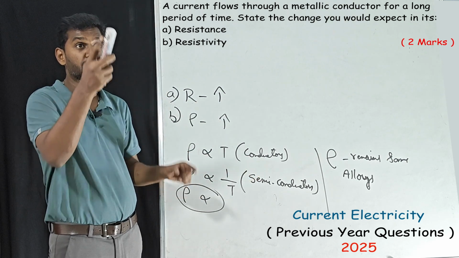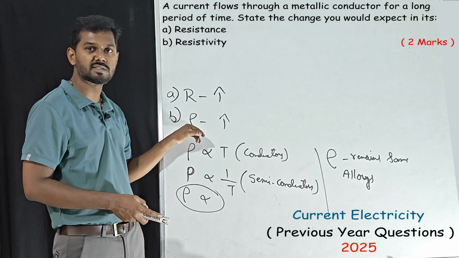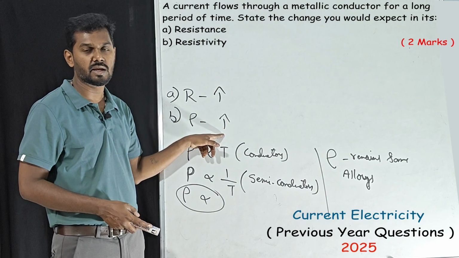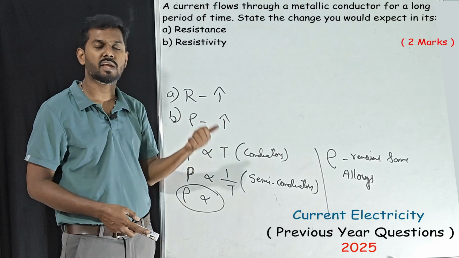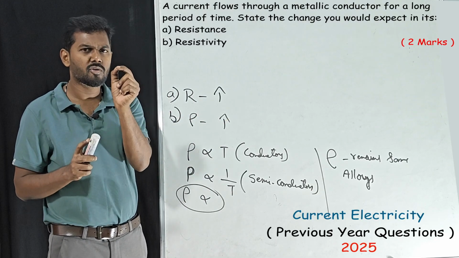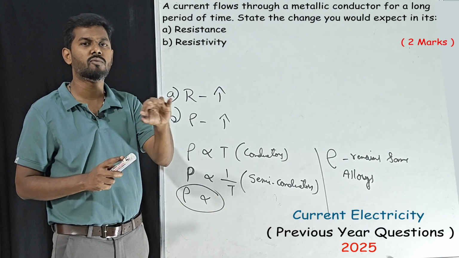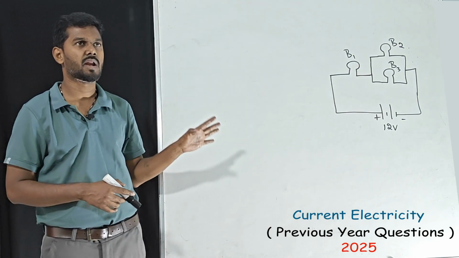Conductor, as it is given metallic conductor, correct? For a metallic conductor, specific resistance increases with increase in temperature. That is why both the resistance and resistivity increase. In this way you need to understand. Whenever you get a small doubt, just go back and rewatch it. You will definitely understand.